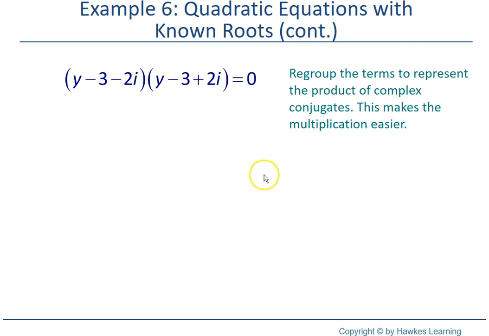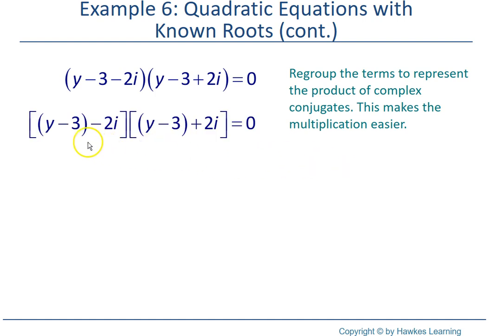We're now going to show it in its factored form before we equated it to 0. And now, what do you notice here? Well, you have a y minus 3 and a y minus 3. Now, we could set that up like so. And then what does this become?